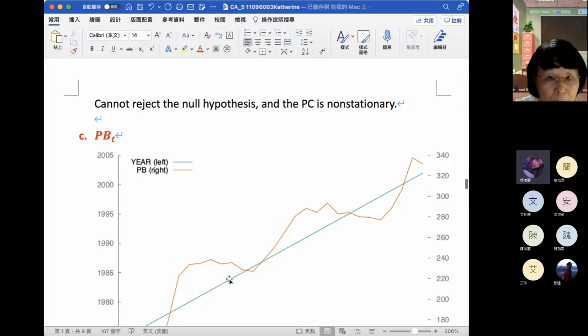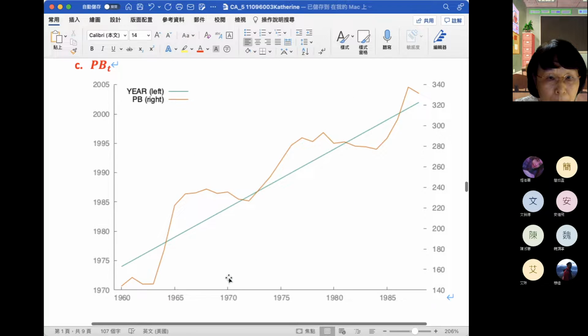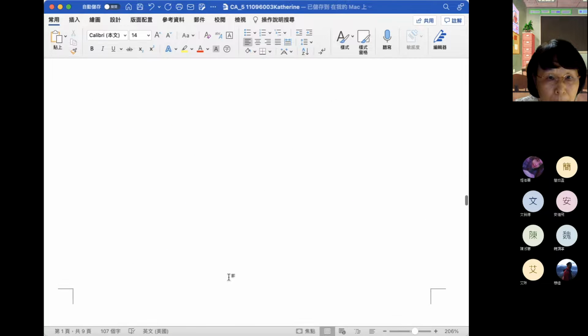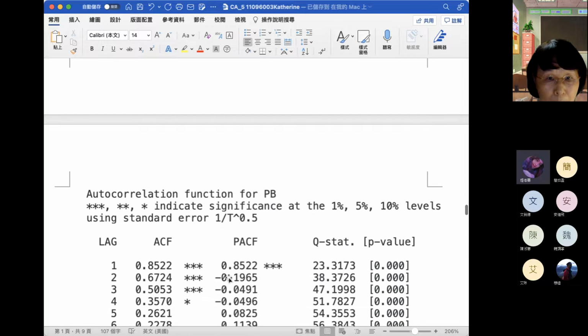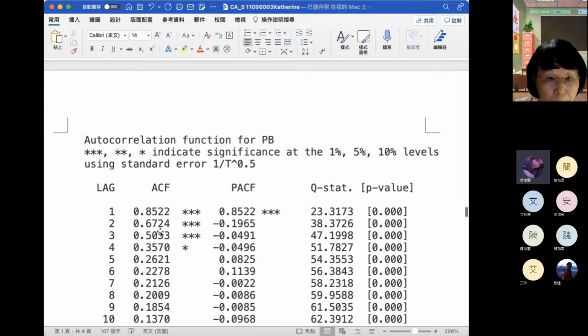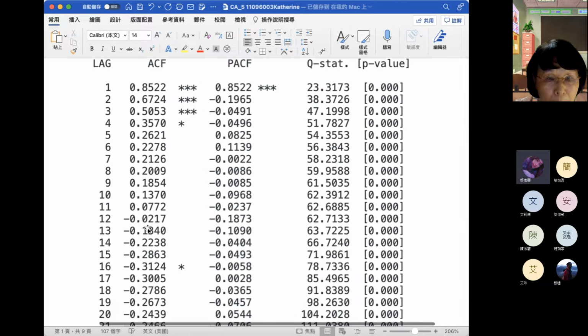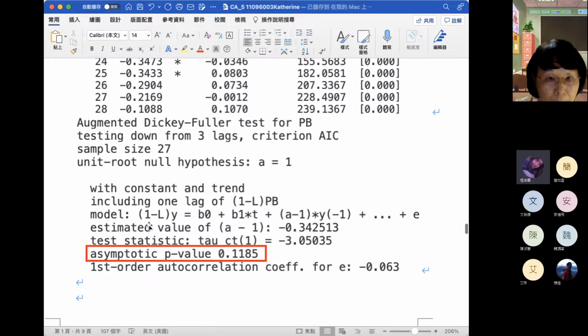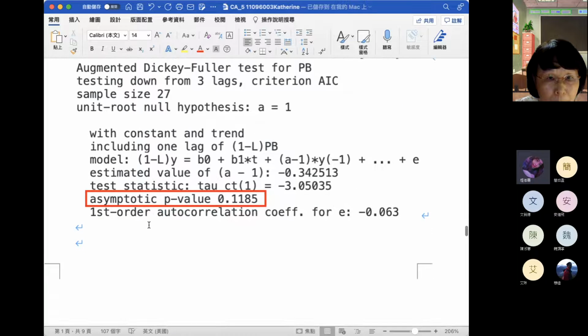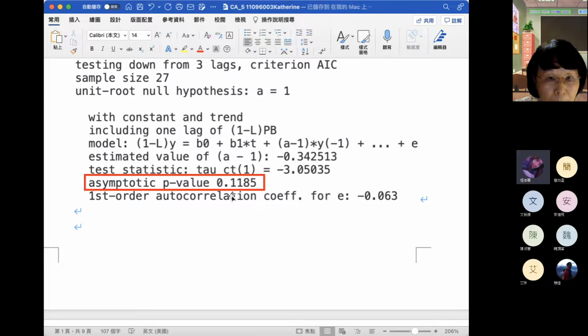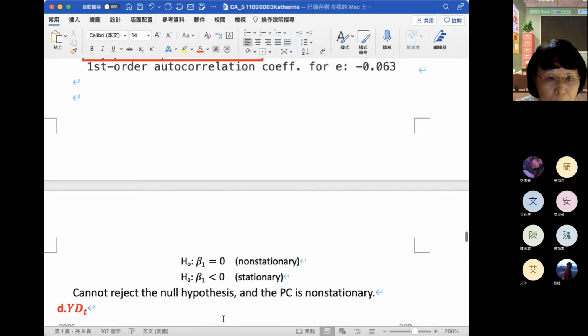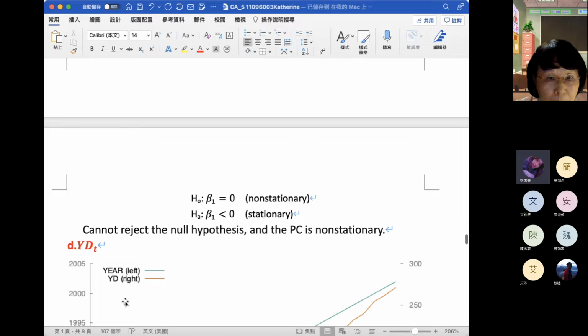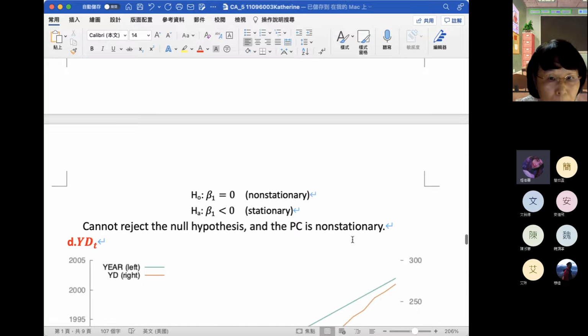And the graph for PB and the autocorrelation function for PB shows 0.8522, which is closer to 1, so it is non-stationary too. And this one is 0.1185. It still cannot reject the null hypothesis and is also non-stationary.